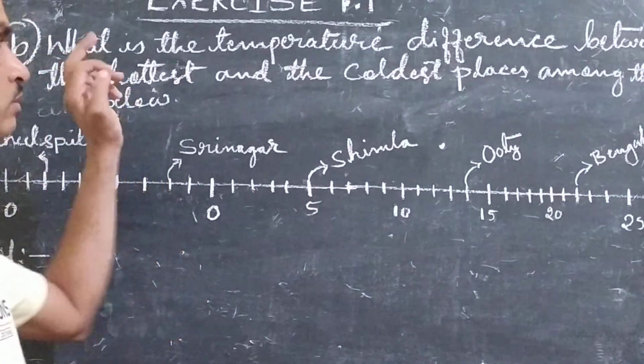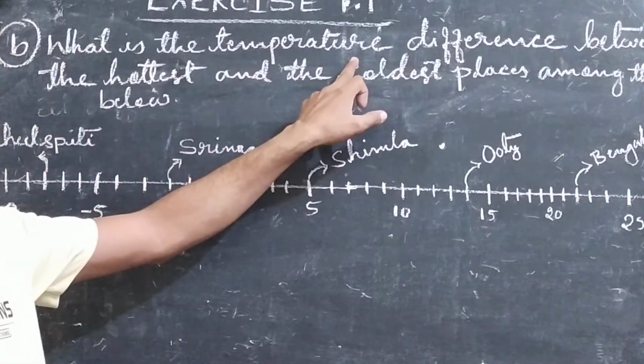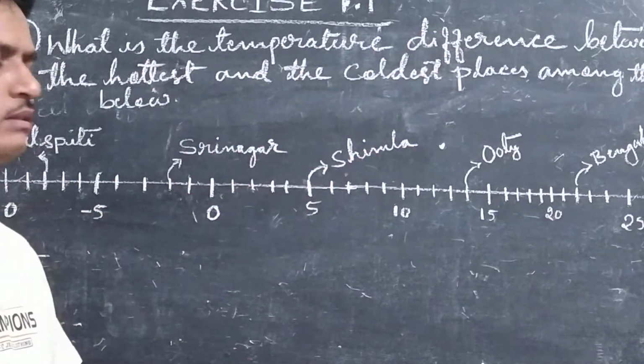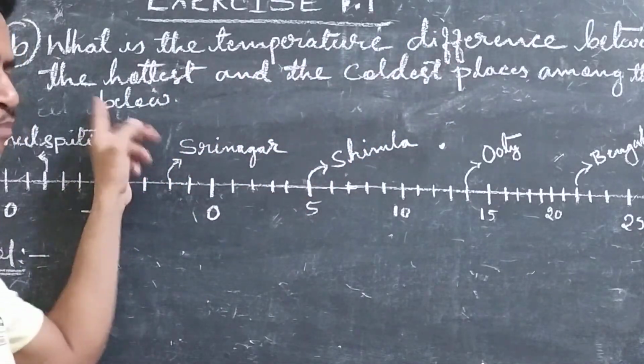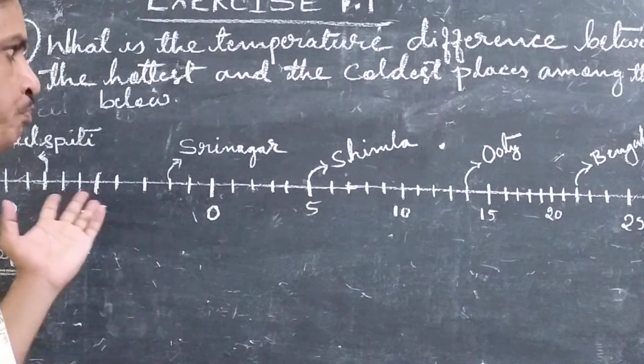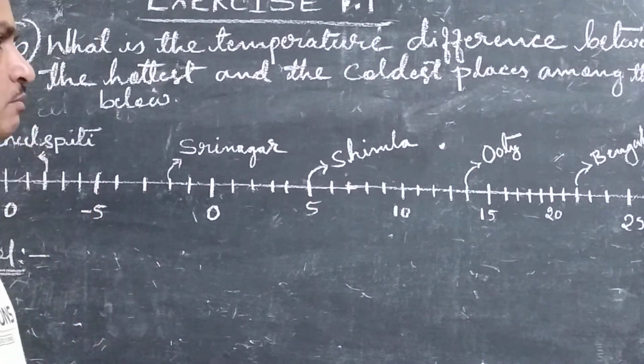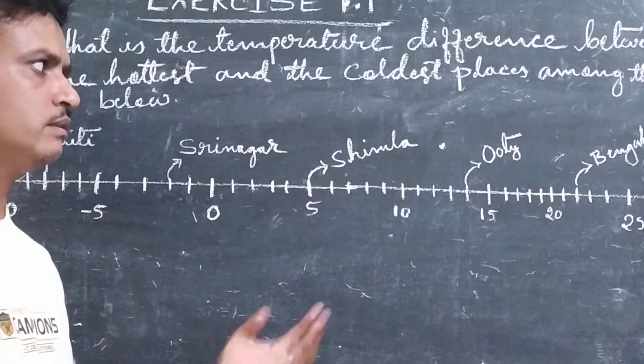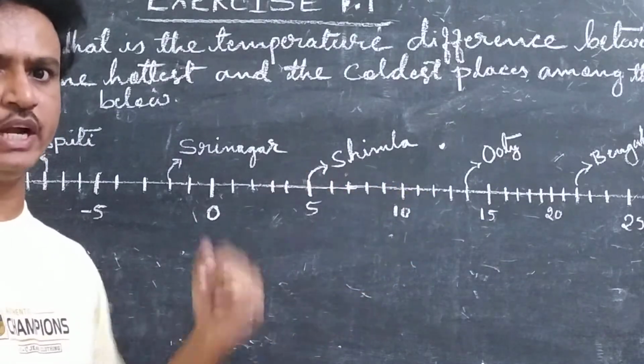Question B: What is the temperature difference between the hottest and the coldest places among the below? In the earlier question we studied the temperatures of different places on a particular day.